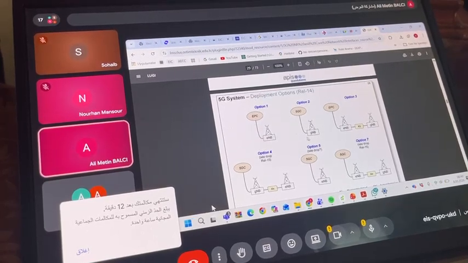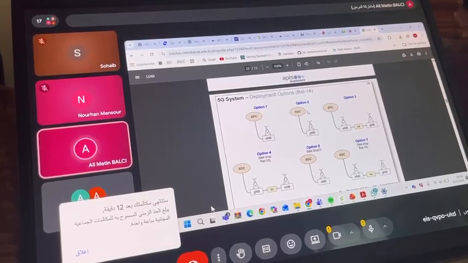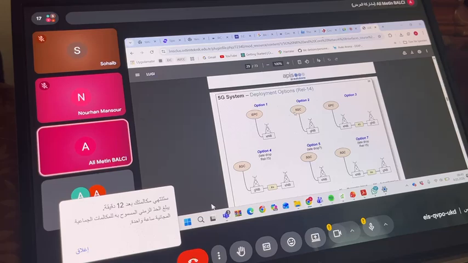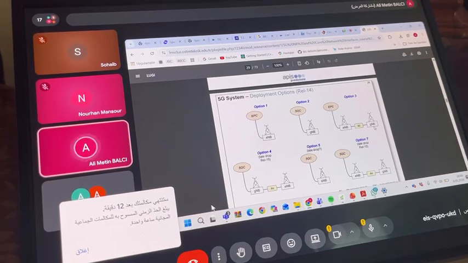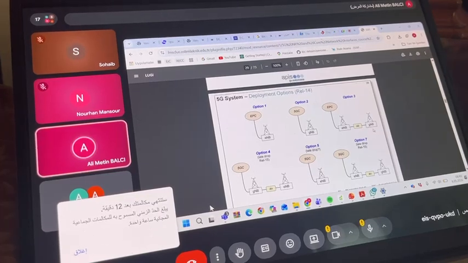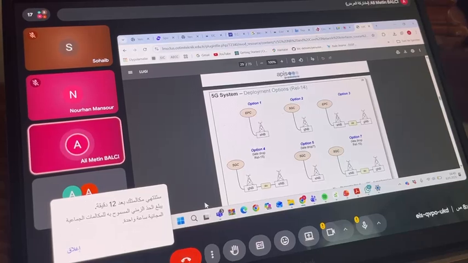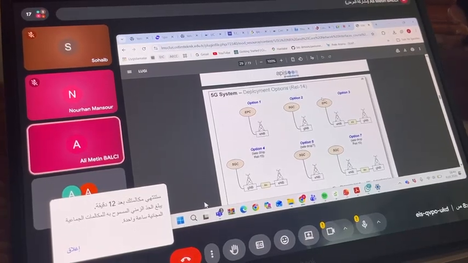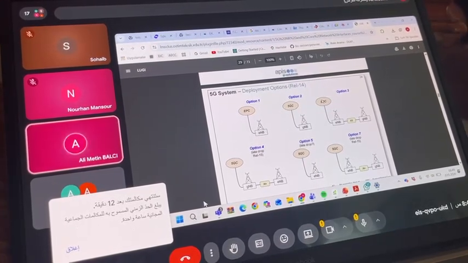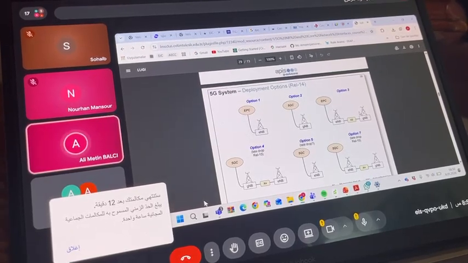Option 2 is the standard standalone 5G system, option 1 and option 2. Whereas option 3 is the non-standalone version. Okay, gNode B, which is the 5G base station, is talking to eNode B, and then it switches to the 4G core network, and this is how the telecom circuit is completed.